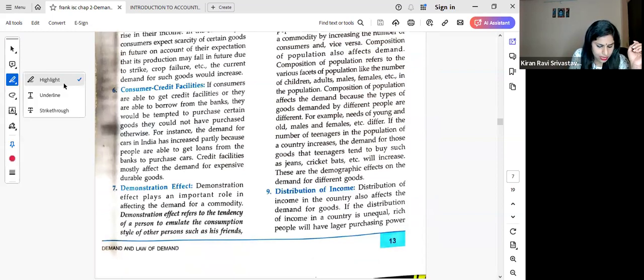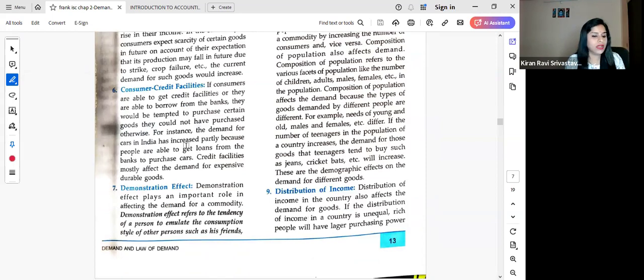Now, what is consumers' credit facility? It's not necessary that every time the consumer buys a commodity by making an instant cash payment. There are cash transactions and credit transactions. Sometimes the consumers may not have money to pay at once.